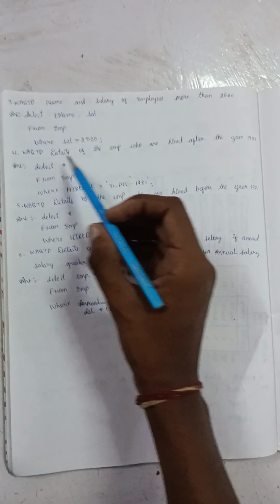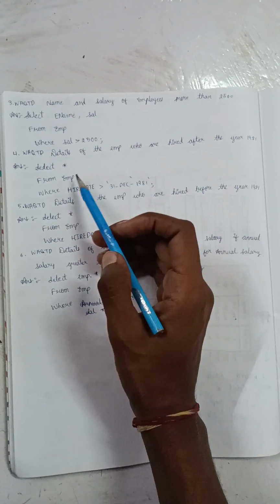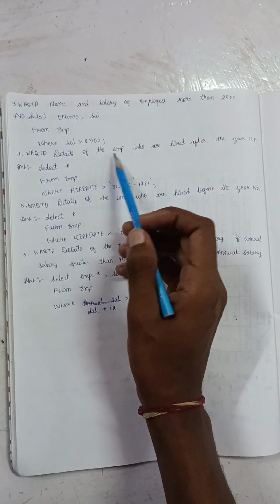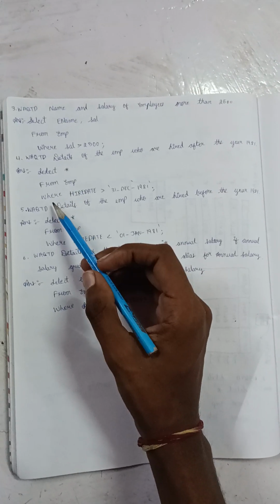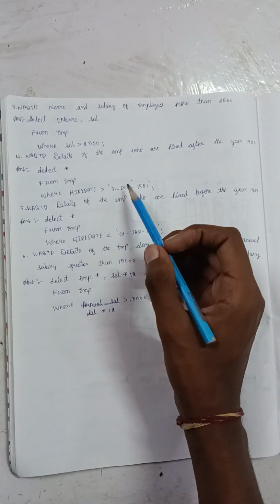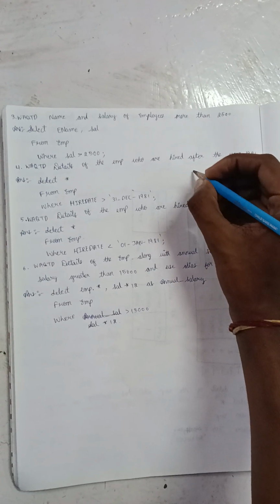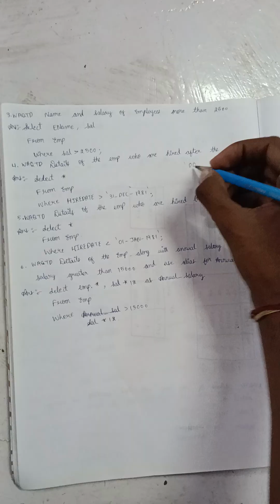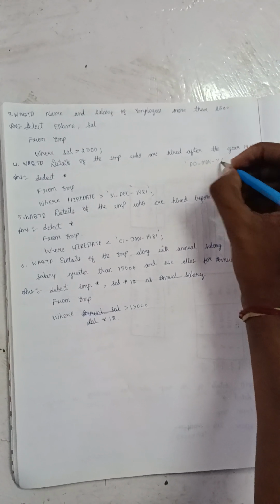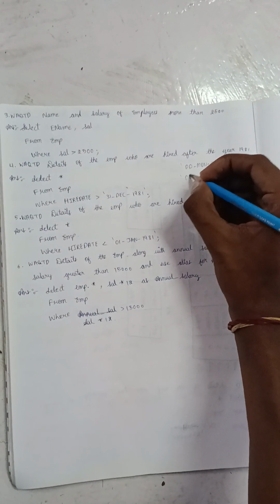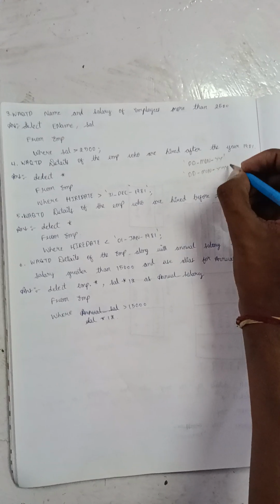Write a query to display details of the employees who are hired after the year 1981. We want to display all the details of the employee, so SELECT * FROM employee table WHERE hire date greater than, the format of date is in single quotes: date, month, year.